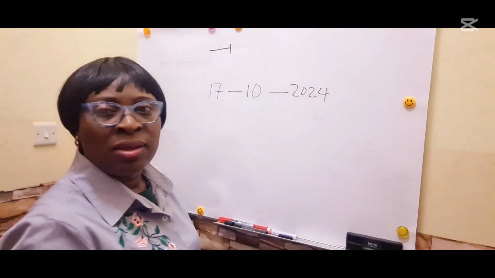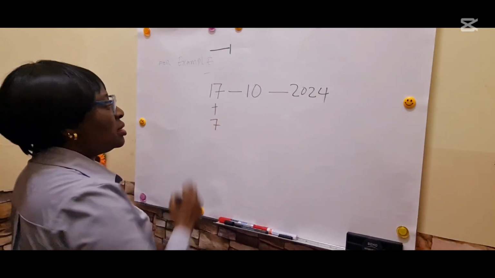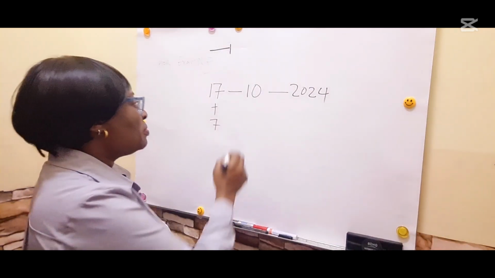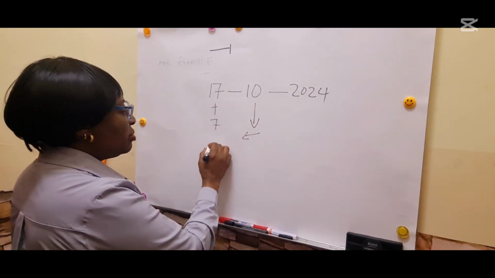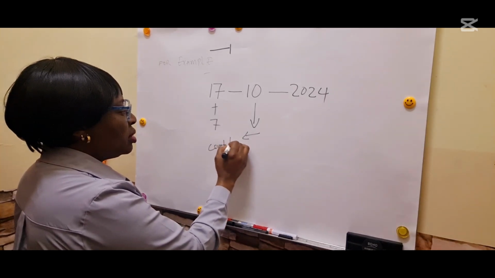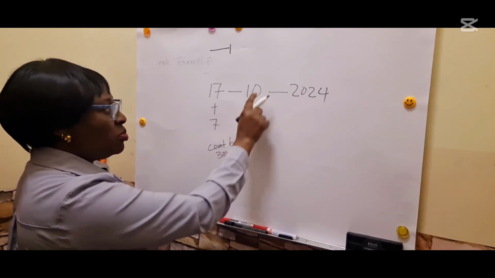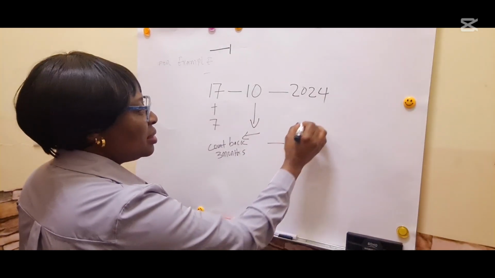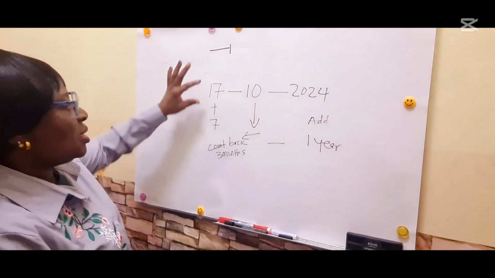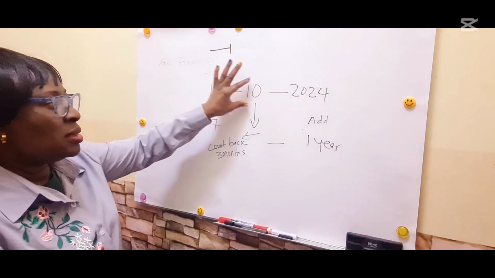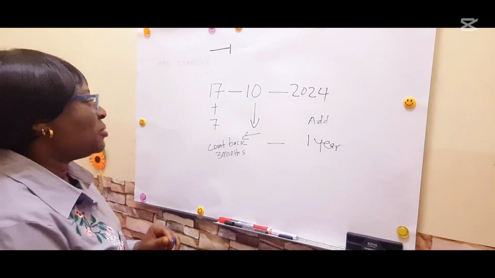Using Nagel's formula, what we'll do is add 7 days to the first day of the menstrual cycle, count back 3 months from October, and add 1 year. 17th of October 2024 was the first day of her last menstrual period.